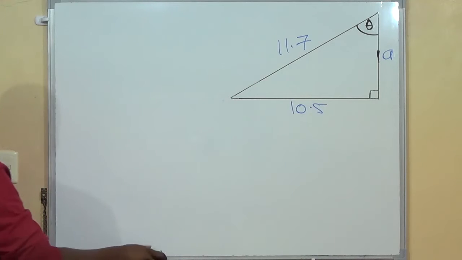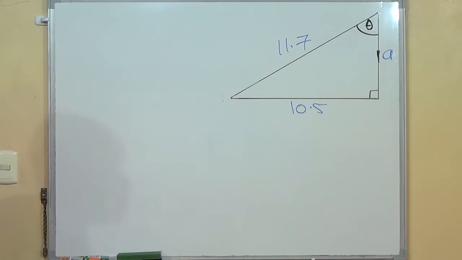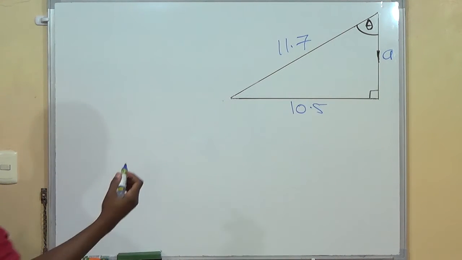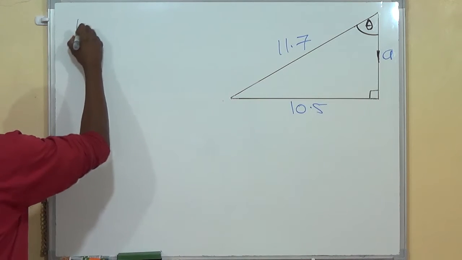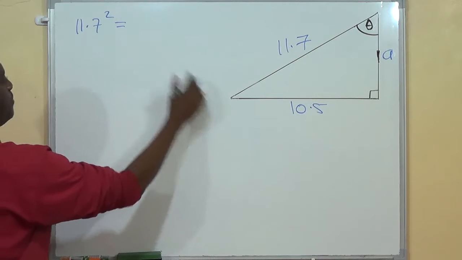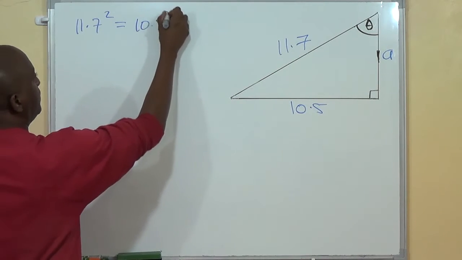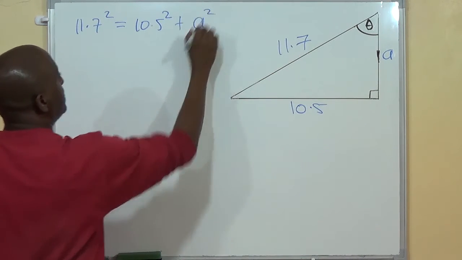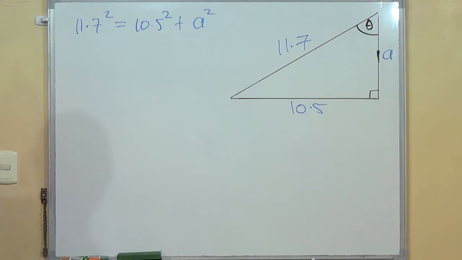So we start off again with the original Pythagoras Theorem formula. So in this case, it will be 11.7, the hypotenuse squared, is equal to opposite squared, 10.5 squared, plus adjacent squared. Right?